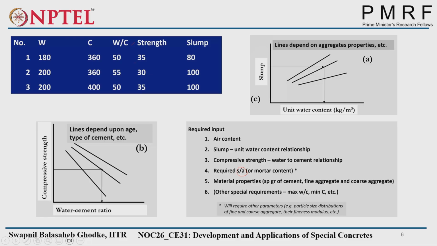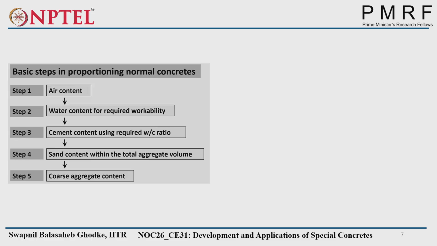Second, after the air content, we require the slump unit water content relationship. Then we require the compressive strength water cement relationship. Then the sand by aggregate ratio, and material properties such as specific gravity of cement, fine aggregate, and coarse aggregate. And other special requirements: maximum water cement ratio and minimum cement content based on IS 456, which follows the durability aspects.